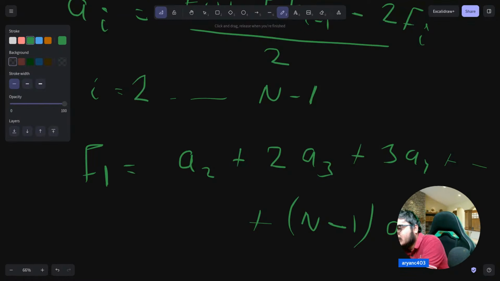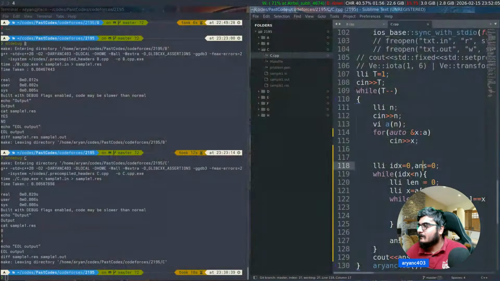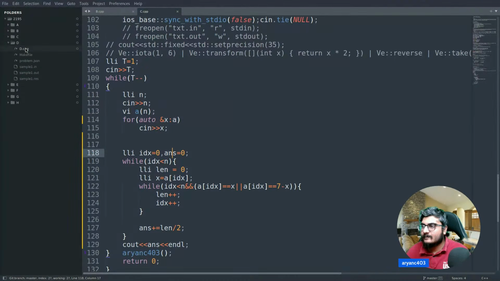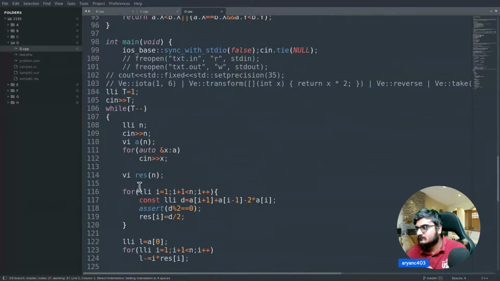So this was the idea for problem D. So given the elements, let's say f, we have to find a. First, look at all the middle elements.